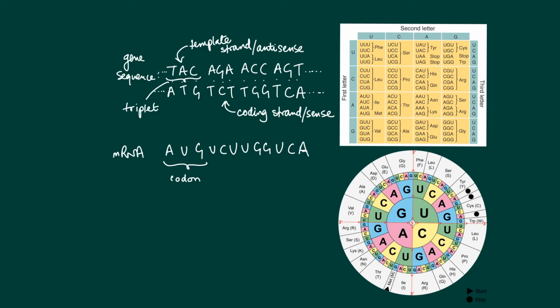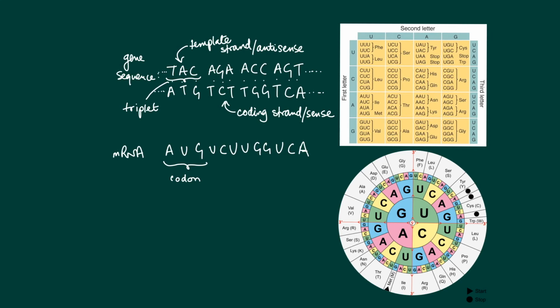So it's the triplet here that gives rise to our codon on the mRNA, and that is what determines which amino acid is going to be in the polypeptide. So the flow of information is really DNA, mRNA, and then polypeptide and protein. This is where we use our genetic code now.